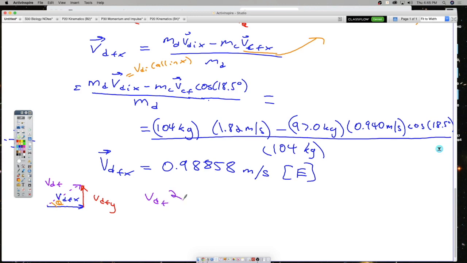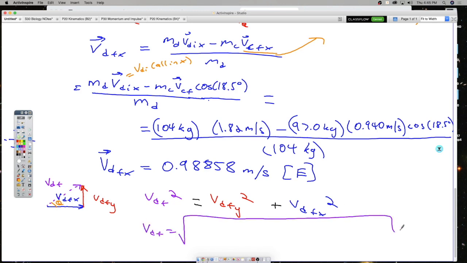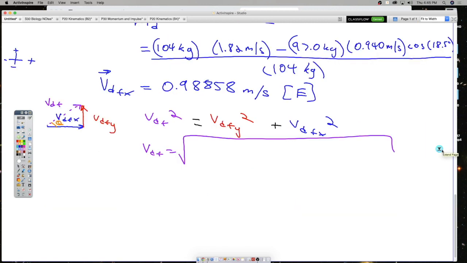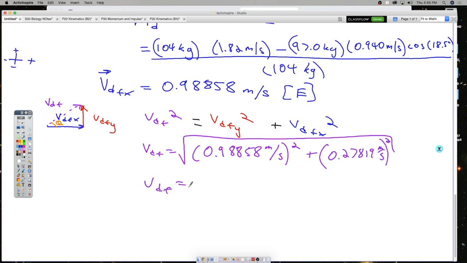VDF squared equals, C squared equals A squared plus B squared, so equals VDFY squared plus its x component squared. So VDF is equal to the square root of what we just found, 0.98. We're so close, we're actually getting a number now for the defenseman's final velocity. It's going to be 1.03 meters per second.